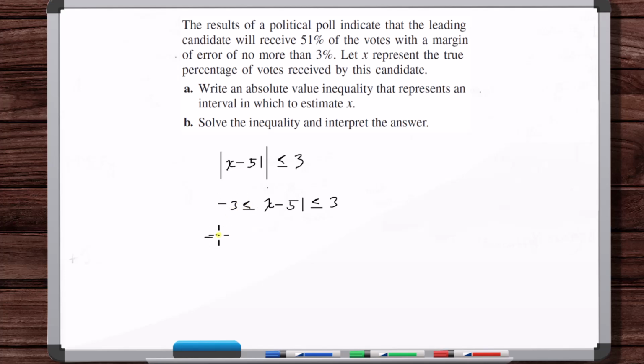All right, now let's add 51 to all sides. So we've got 48 up to 54. Okay, so this is the percent. The candidate is expected to receive between 48% and 54% of the vote inclusive.